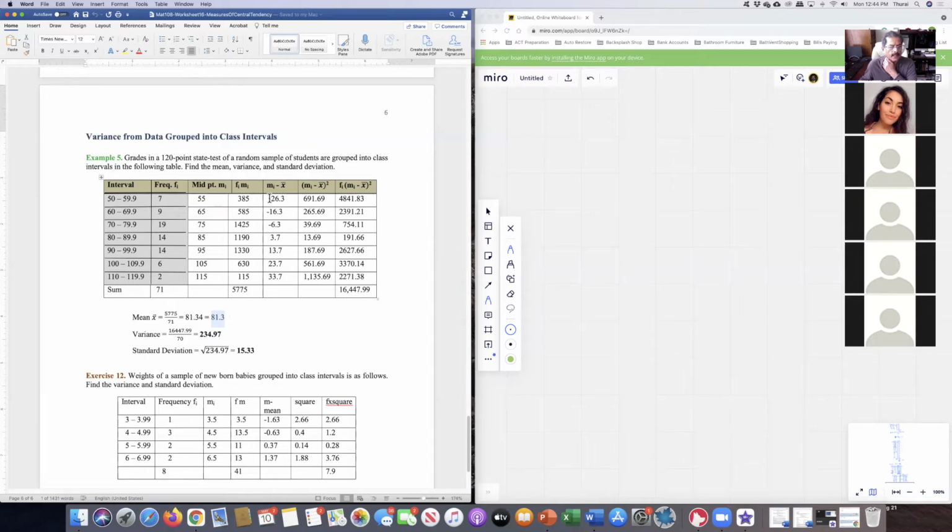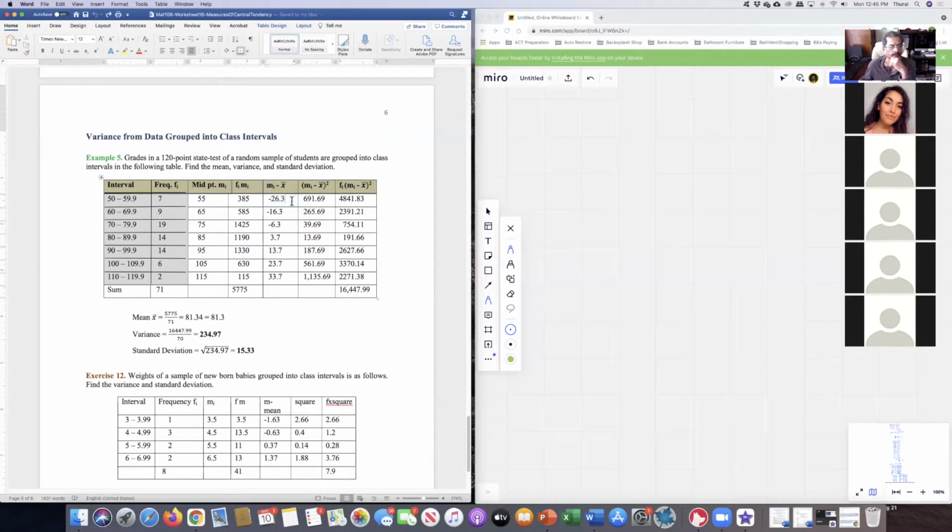Now mi minus x bar has to be calculated. You subtract the mean from each of these data, and I have all the numbers calculated here.